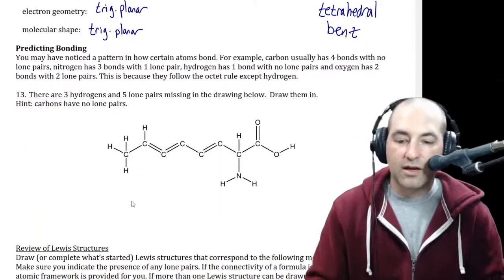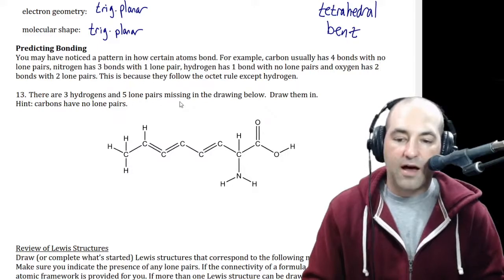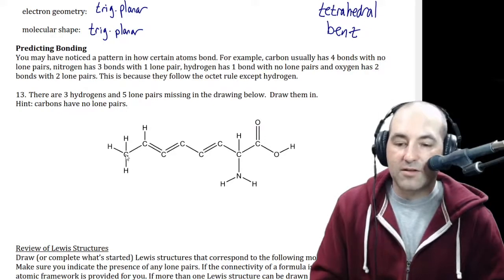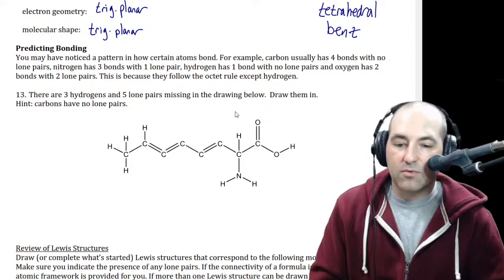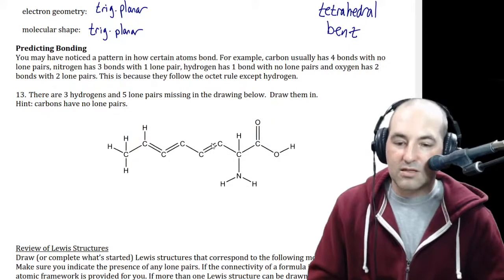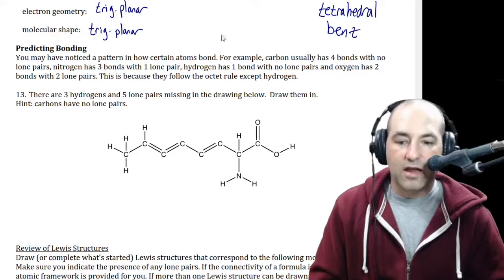All right, so now, like in this big structure, it says there are 3 hydrogens and 5 lone pairs missing. Draw them in. If we tried to figure this out, we could look at each atom. We could try to count all the valence electrons in the structure, but it would be tedious at best. What we want to do is use these patterns to figure that out.